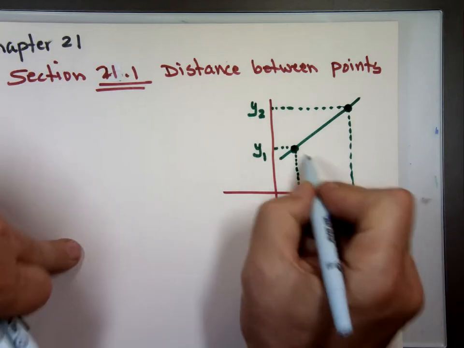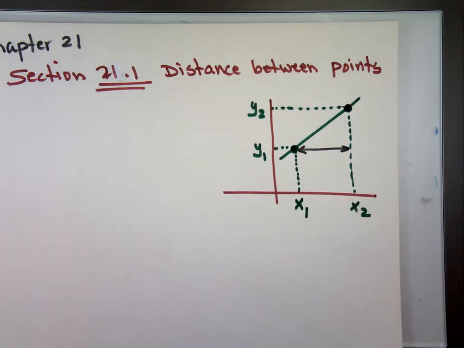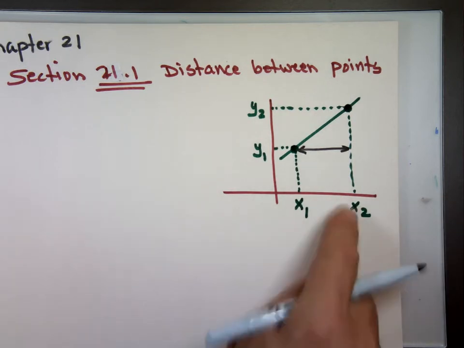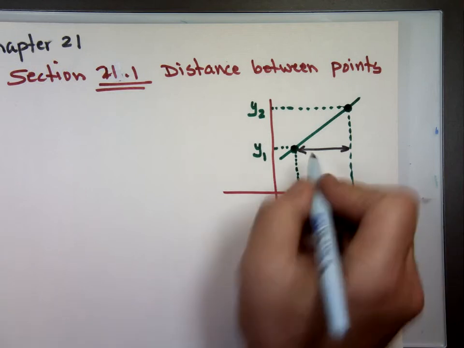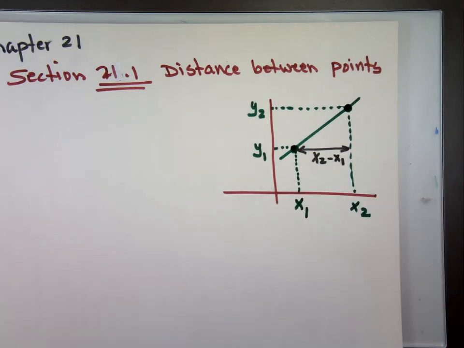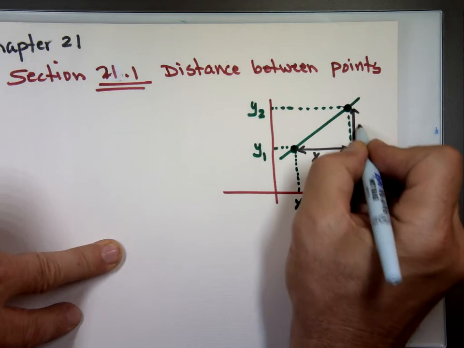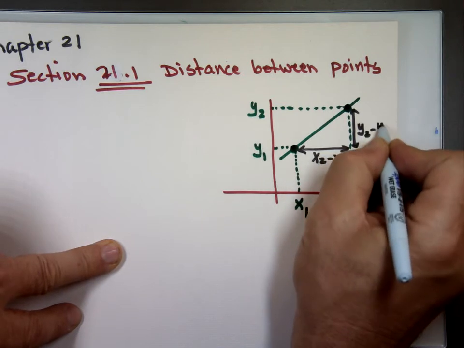So what is the distance from here to here? What's that distance? That's x2 minus x1. And what's the distance from here to here? Yep. y2 minus y1.